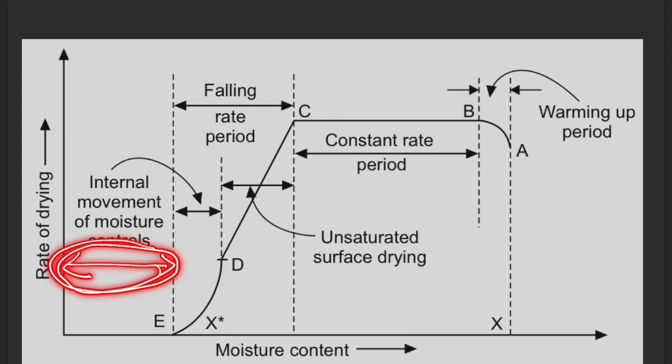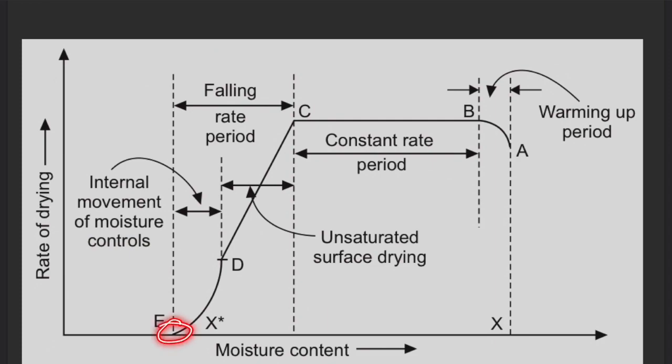To remove moisture beyond that, we will have to change the drying medium, change the relative humidity of the air, then only we can move further, else the drying will end at this point E.